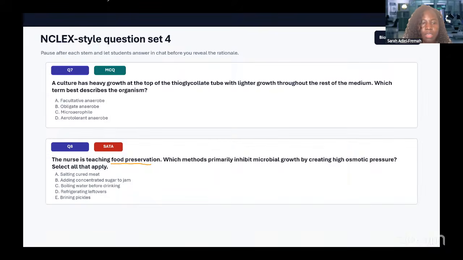So A, salting to cure the meat. B, adding concentrated sugar to the jam. C, boiling before drinking. D, refrigerating the leftovers. And then E, brining pickles. So let's see the options that are here.